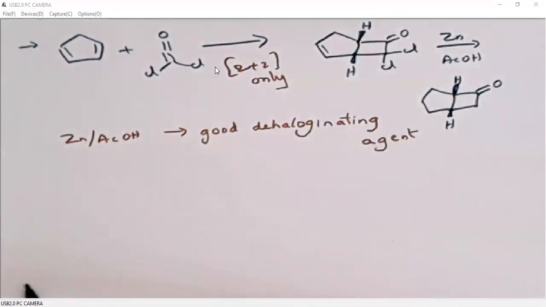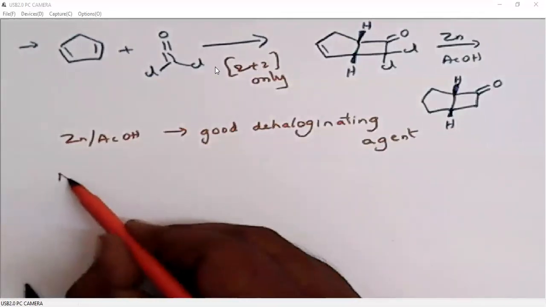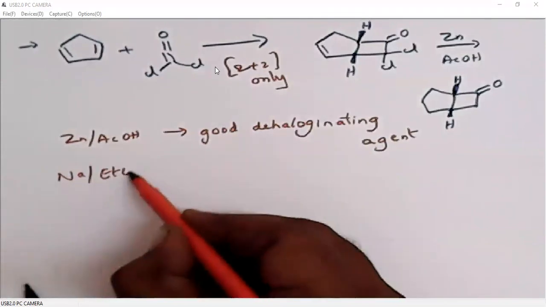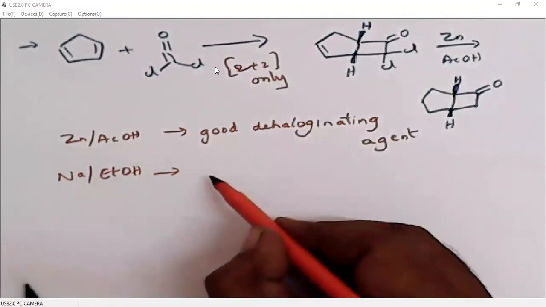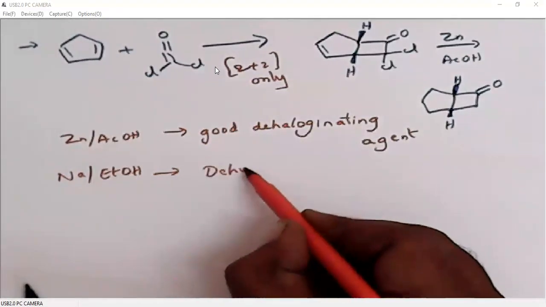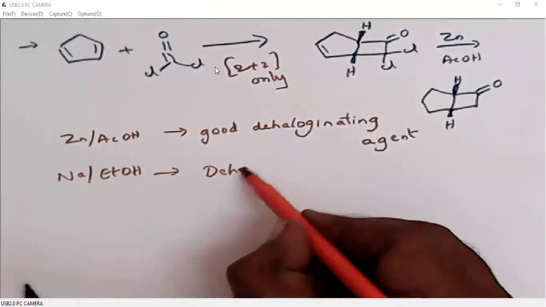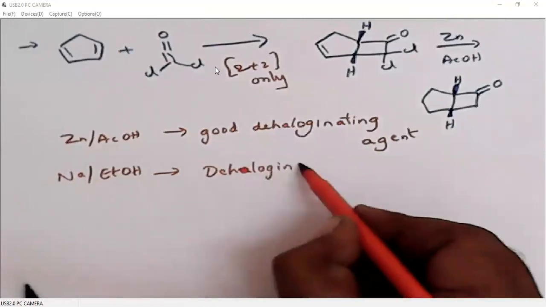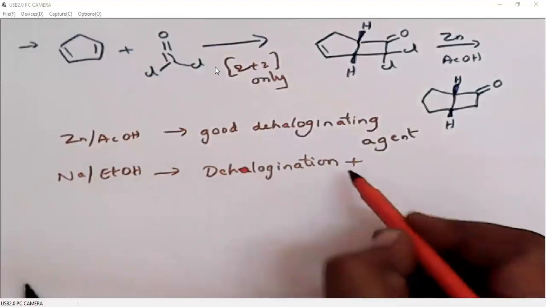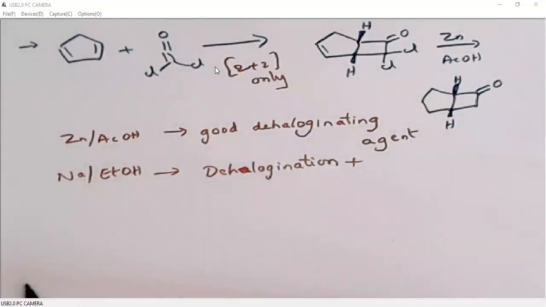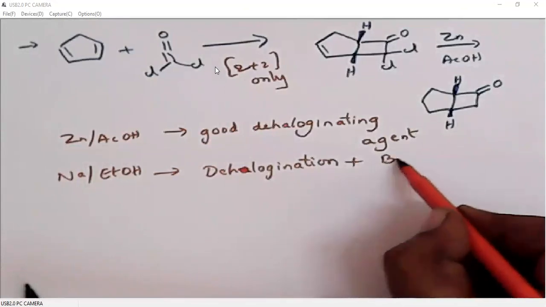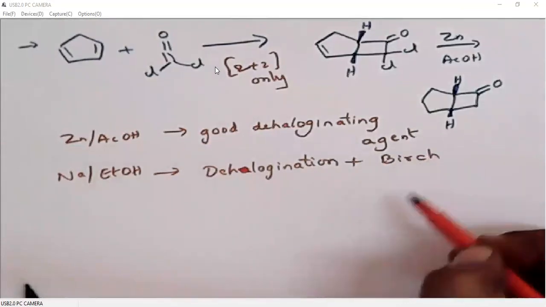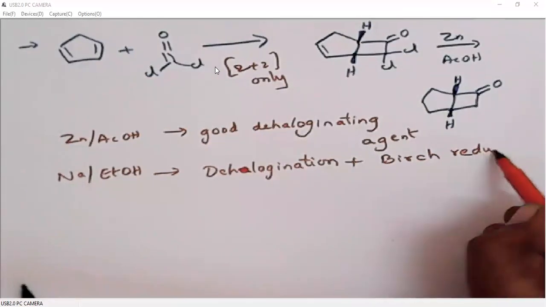So zinc in acetic acid is a very good dehalogenating agent. We can also use sodium in ethanol or sodium in alcohol. But with sodium, dehalogenation is possible, and at the same time it will also be involved in Birch reduction, so reduction of carbonyl compounds.